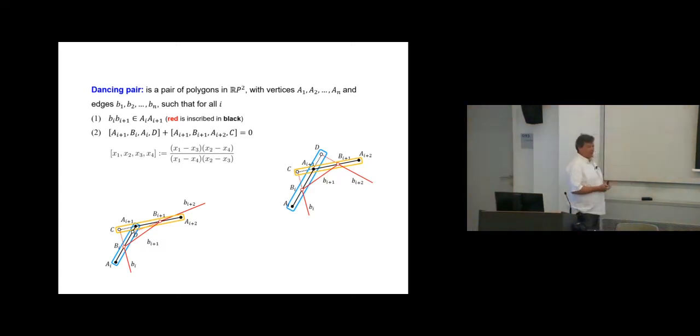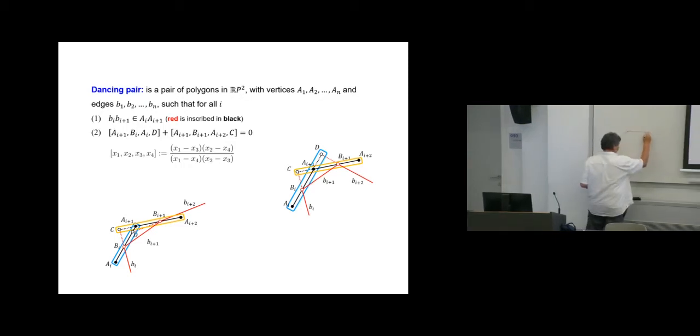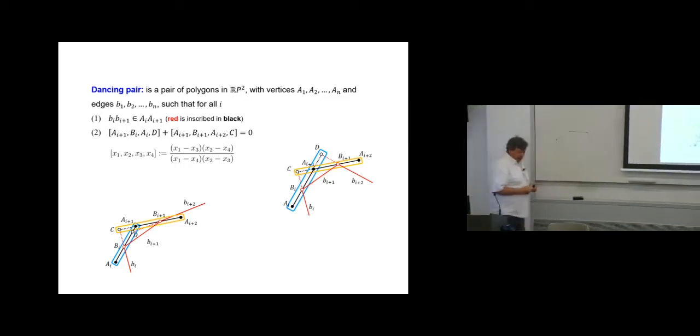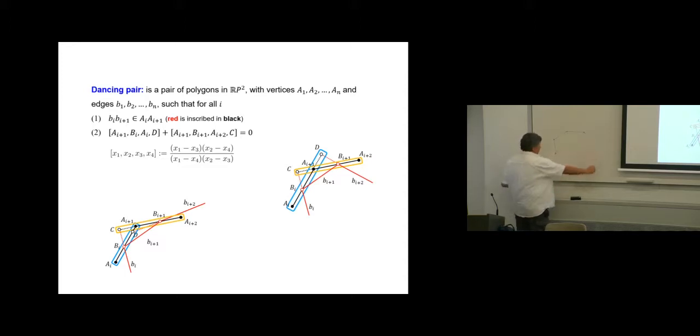For example, one way to think about how you can construct such a dancing pair: you can begin with a polygon, let's say a black polygon, whatever you want, and then try to inscribe in it a red polygon which will satisfy this condition. So what would you do? Let's say I start and just go around.